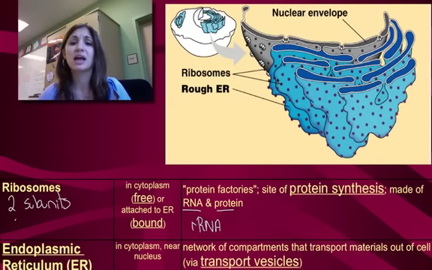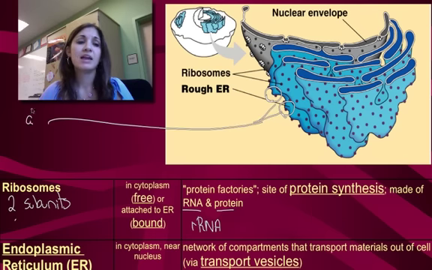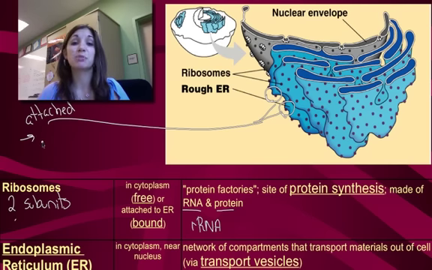Ribosomes can either be attached, as you see here in this picture, to the rough endoplasmic reticulum, and if a ribosome is attached, it's usually producing a protein that's going to be exported out of the cell or going to be embedded in a membrane.